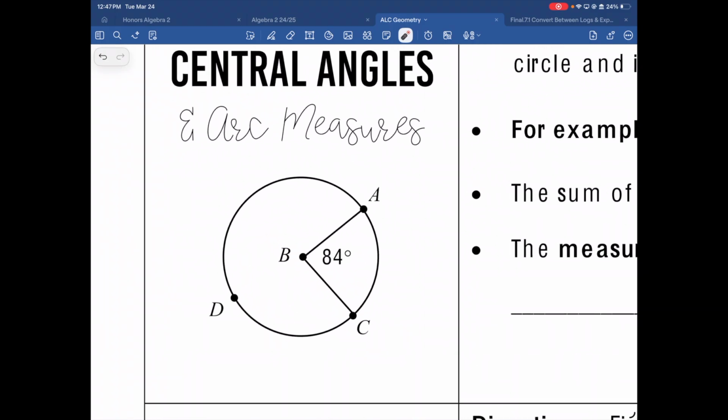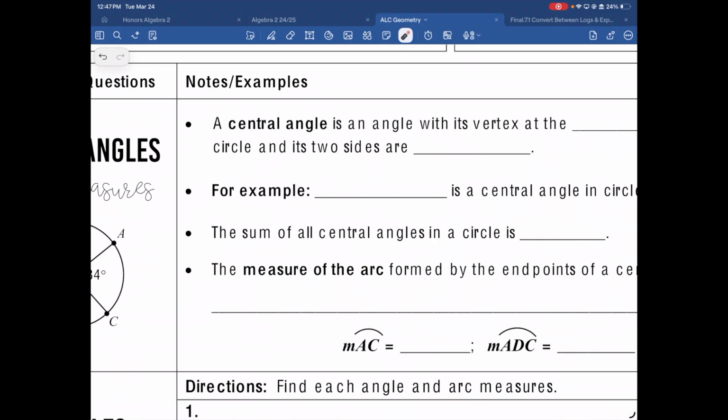So in order to do this, we need to talk about what a central angle is. We talked about this a little bit yesterday.